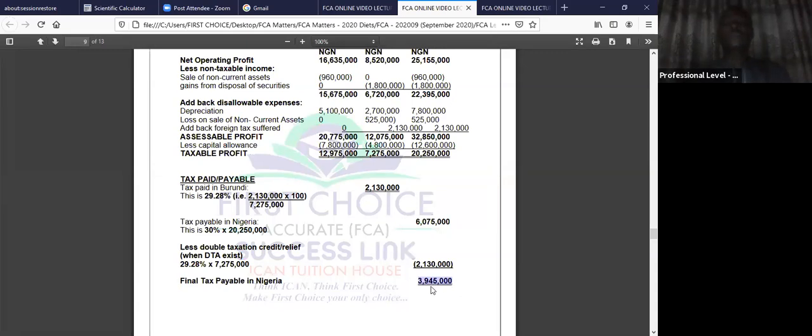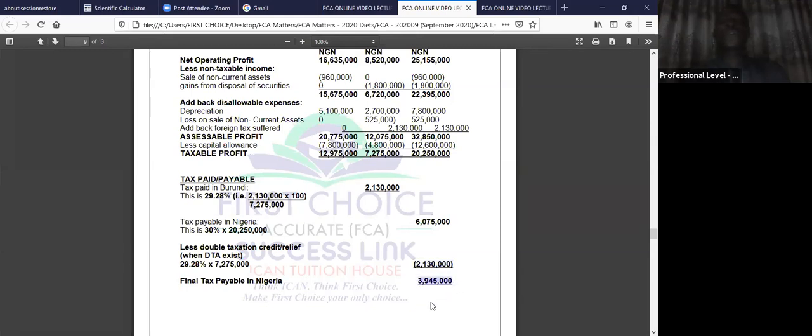So what the person has done is this. Let me explain this now. He has paid this amount in Burundi. And so he cannot be paying all this again. So in order to avoid double taxation, they remove what he has paid in Burundi because it's smaller, and this is what is left to pay in Nigeria.